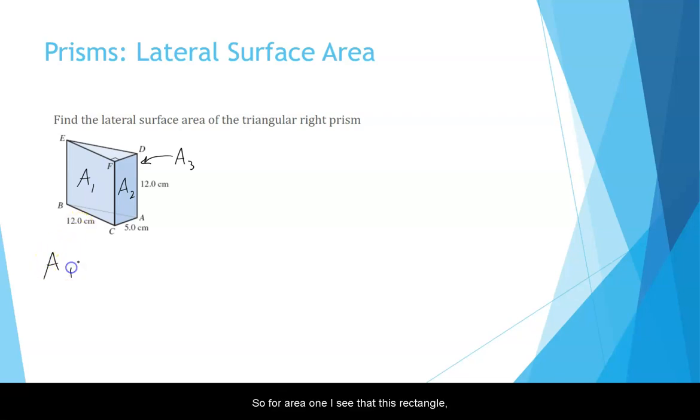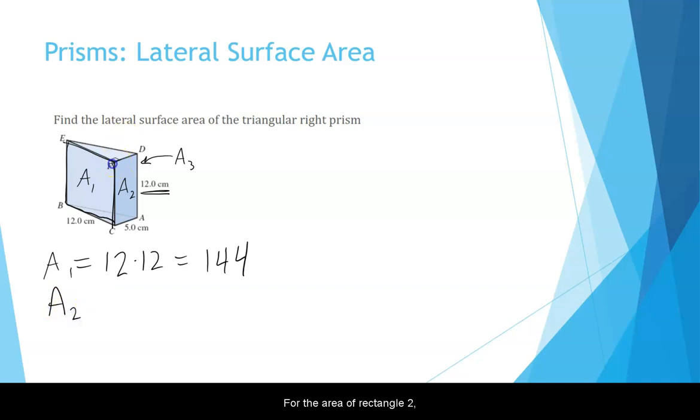So for area 1, this shape is a rectangle, even though this is a triangular prism. This rectangle has a base of 12.0 centimeters. It also has a height of 12.0 centimeters. I know that label is over there, but this height is the same as this height. 12 times 12 is 144.